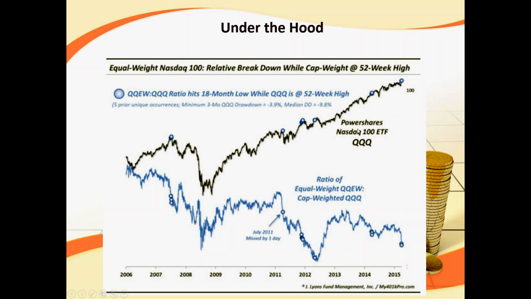As you can see, the Qs have been on a tear. Back in 2009 they popped up, but at this point in 2011, the weighted and the non-weighted entities within the NASDAQ 100 diverged.